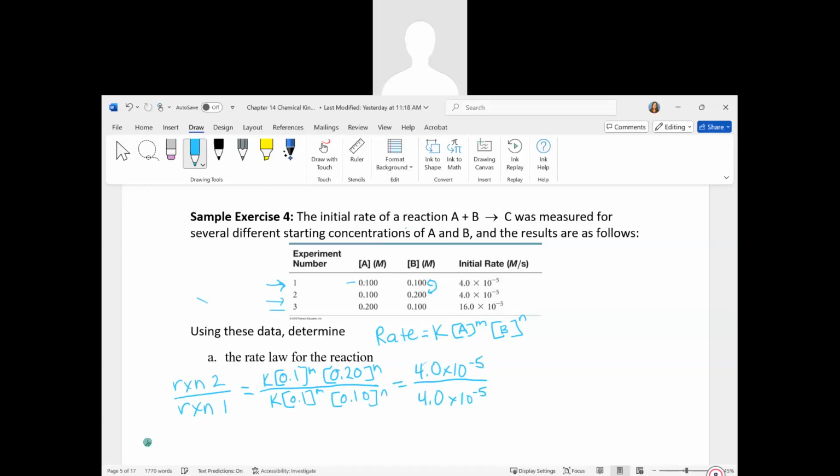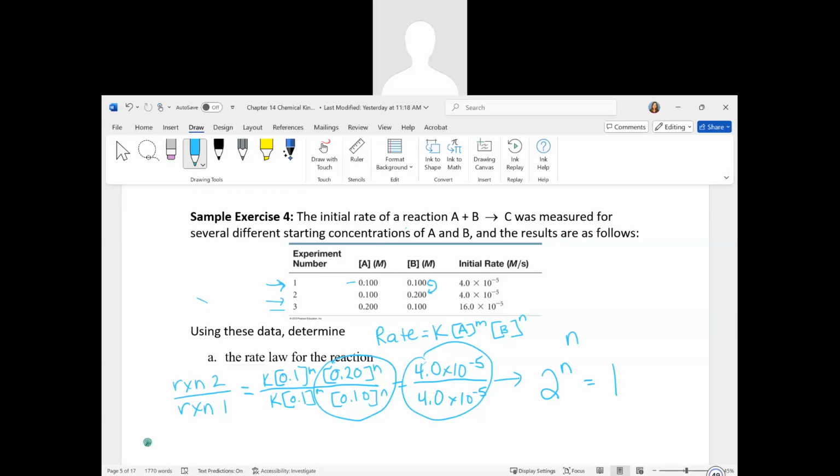So what this shows us is that if we divide the concentration of B, we would get 0.2 divided by 0.1 raised to the n, and that equals 1 because both of these rates are the same. 4.0 times 10 to the negative 5 divided by itself will give you 1.